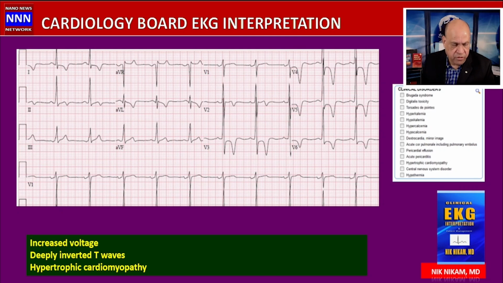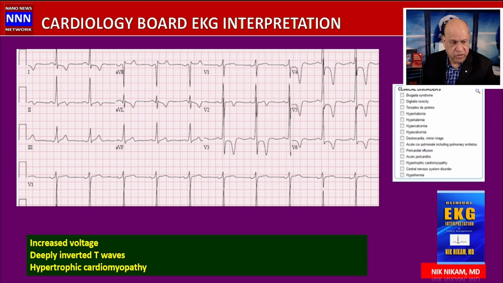We always have to consider this, because in just regular hypertrophy, the T waves are much wider or smoother, and we see, of course, the downsloping ST segment. We see all those things, but these T waves are pretty narrow and deeply inverted. And when we see this, keep in mind you're dealing with hypertrophic cardiomyopathy.